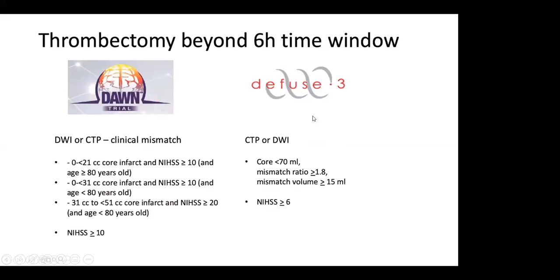In the DEFUSE 3 trial, which looks into CT perfusion or DWI, patients were randomized based on these criteria, either into thrombectomy or best medical treatment. They take a core of less than 70 mL, a mismatch ratio of more than 1.8, and a mismatch volume of more than 15 mL with an NIHSS score of more than 6.